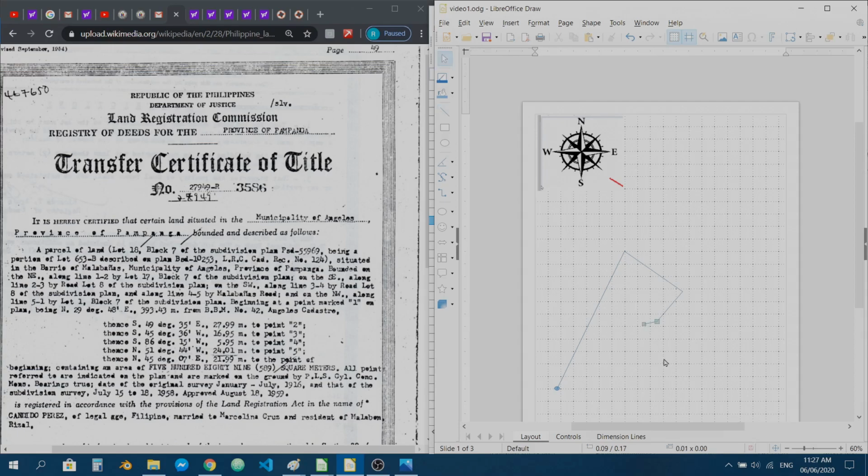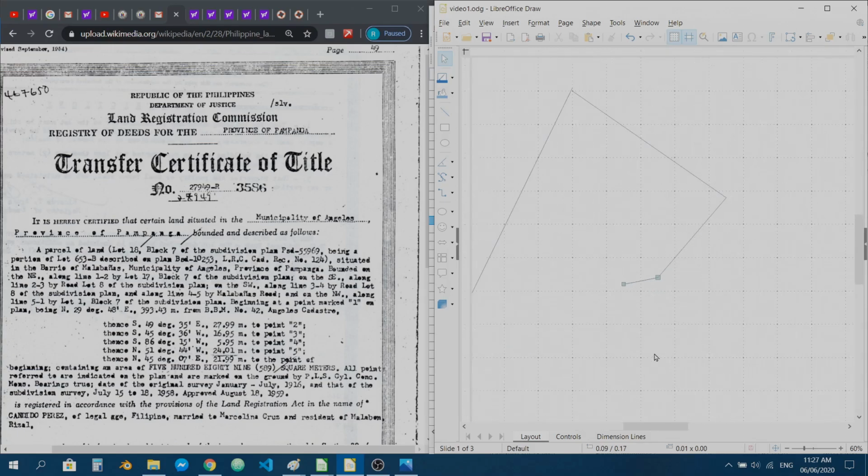Wait lang. Let's zoom in para makita. And then south, then from 0.4 to 0.5, northwest naman. Northwest 45. So I mean, yan 21.1.